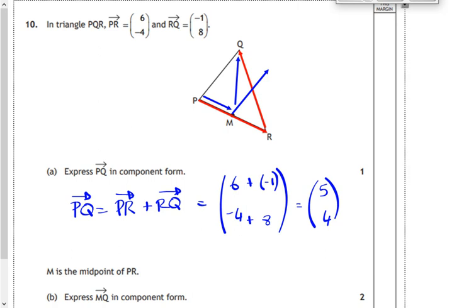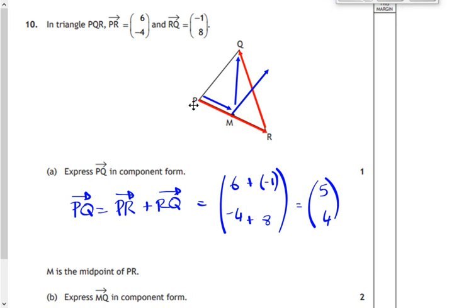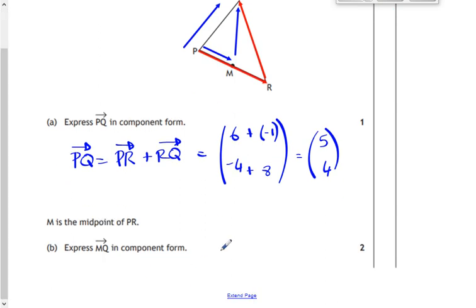Okay, so the way we're going to do this, we're going to have a look at a half PR, and then we're going to add on PQ to that. Okay, and that will give us our vector for MQ. So we're going to have a half PR, and to that we're going to add PQ. So we're going to go halfway along PR, and then we're going to use our vector from earlier for PQ.